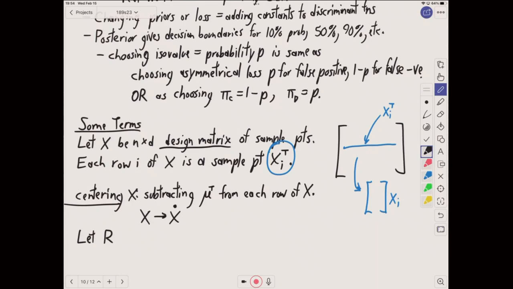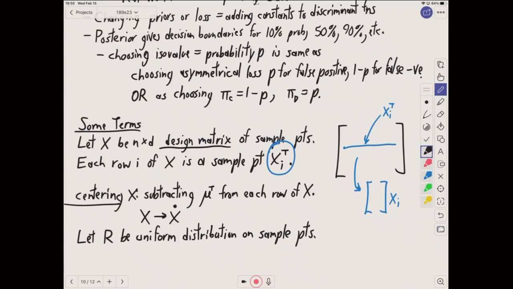All right, so I'm going to define a probability distribution, which in one sense is very simple. It's just the uniform distribution. This is a discrete distribution on the sample points. Okay, one more time. R is a discrete uniform distribution.